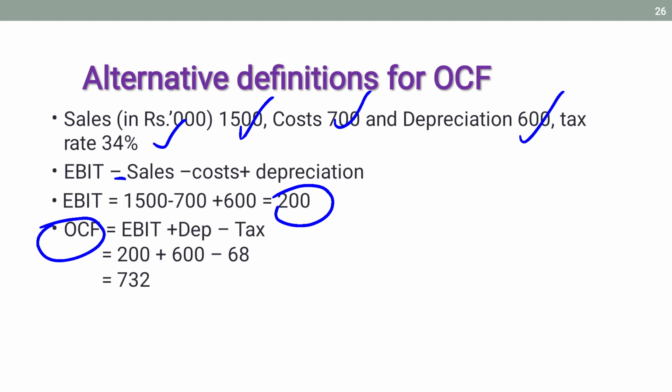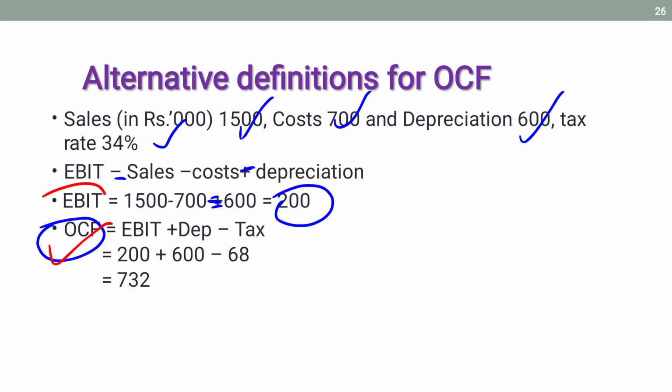1500 minus 700, I'm sorry, this is minus, because at the beginning you have EBIT, no? You're ending up with 200. In order to calculate the operating cash flow, what do you have to do?